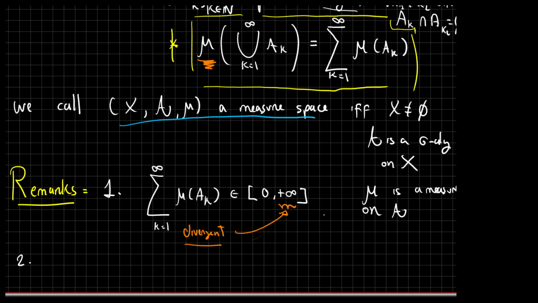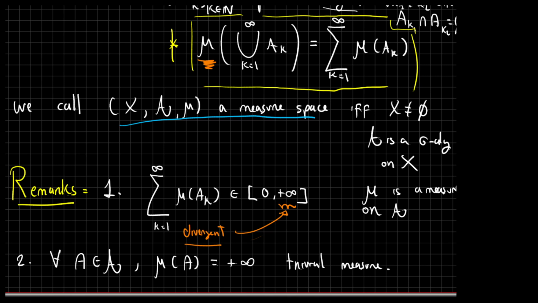The second remark is that for some measures you may have that for every element in our sigma algebra, the measure of this set is equal to plus infinity. So this is kind of a trivial measure.